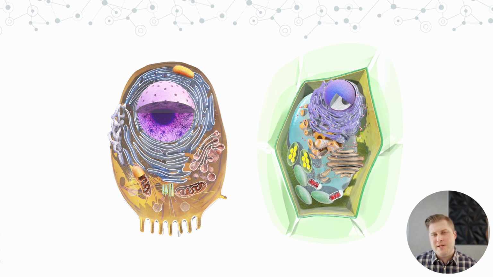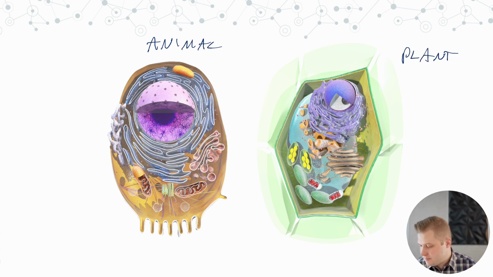Starting off, we need to realize that we have two main types of eukaryotic cells. We've got the animal cell, which you see over here on the left, and plant cells. A lot of similar structures, but a few things that are different.